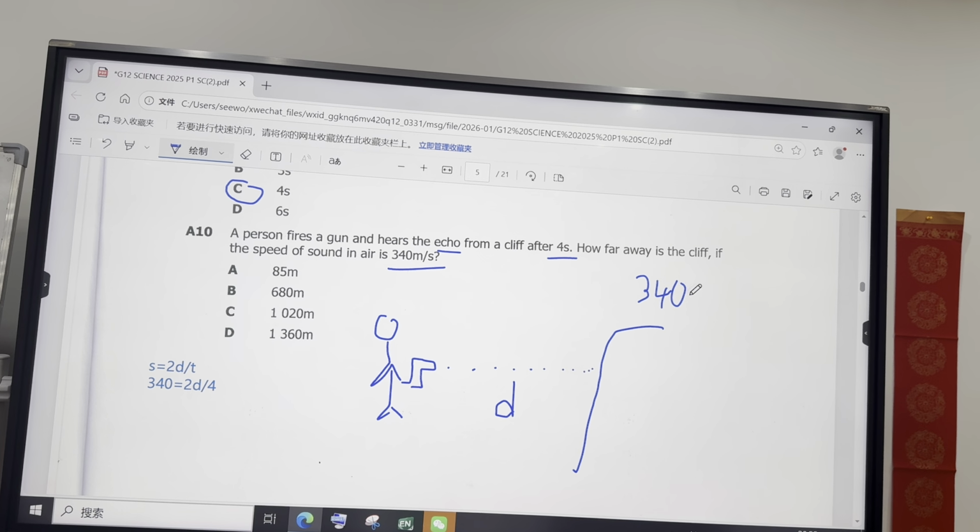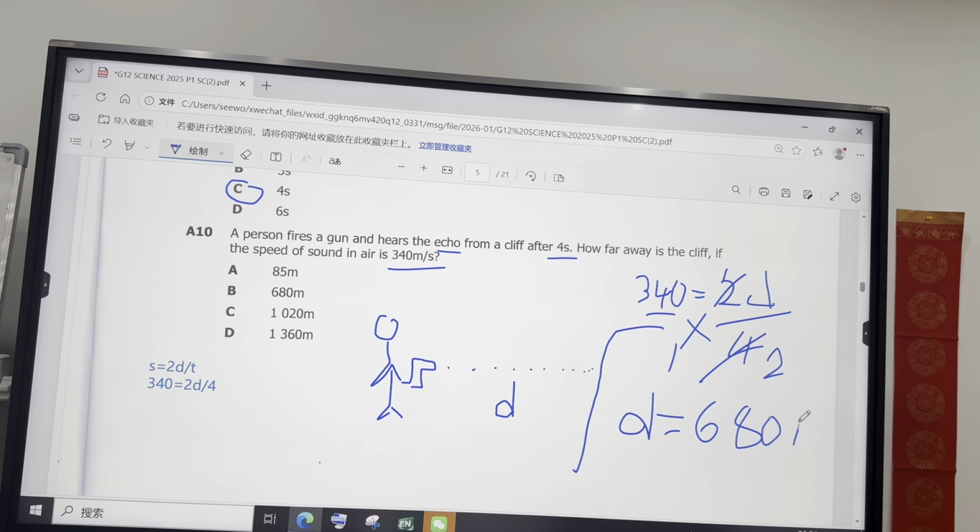You can see 2 there and 2 there, then this is the same as over 1. So you cross multiply: 2 times 340, you get your D as 680 meters.